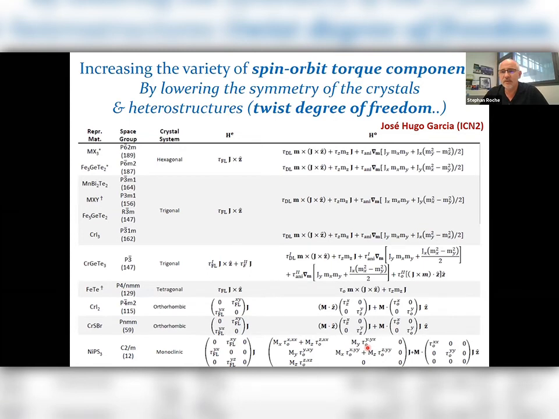So what I want to conclude is that we still have an enormous playground to investigate, having in mind that we would like to optimize the properties that will be very useful in the next generation of spintronic devices, especially the ones I have mentioned before, related to STT-MRAM or SOT-MRAM.